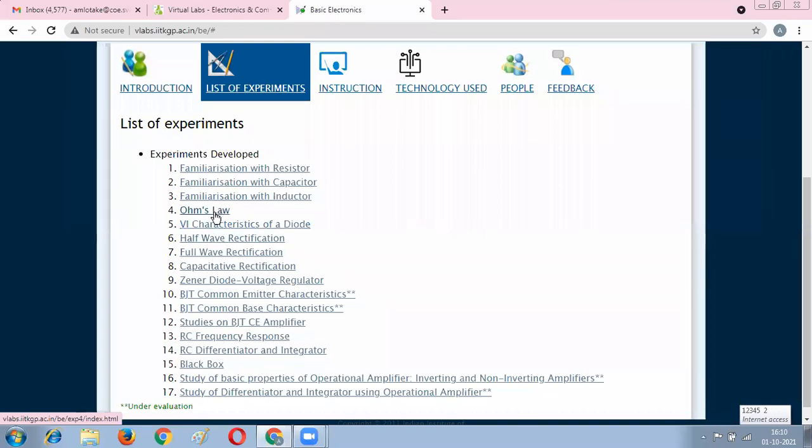So the second experiment we are going to study is nothing but Ohm's law.